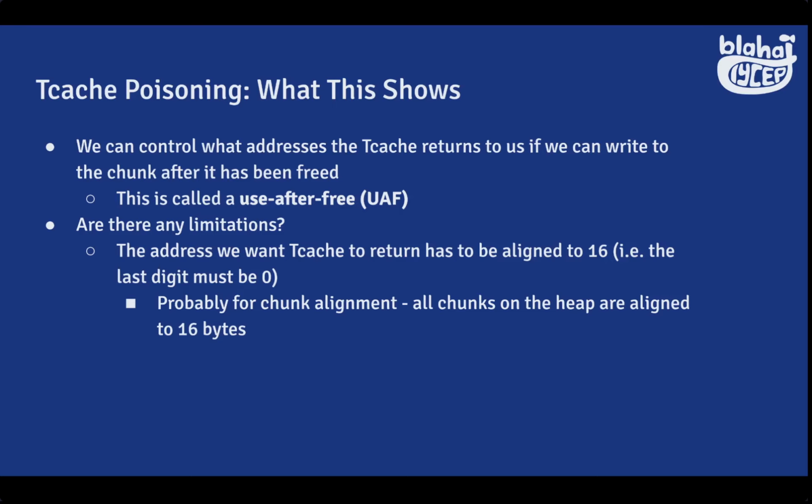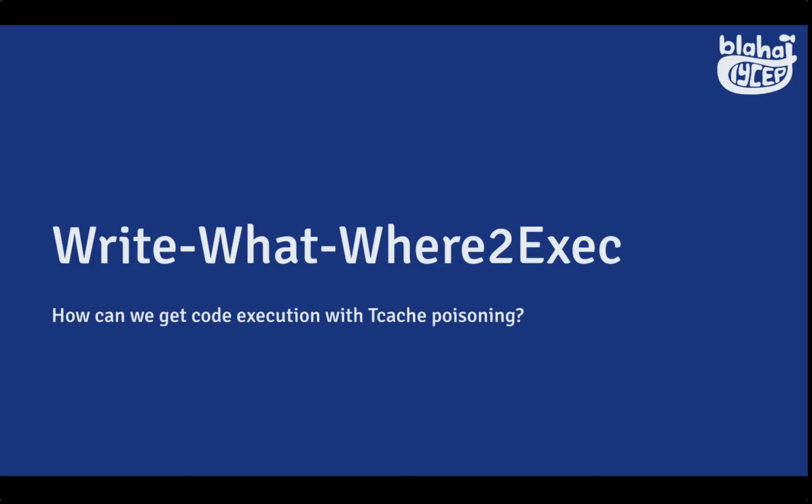Whew. Okay, so that was a lot to take in. But now the question is, you have this ability to read or write to whatever address you can think of, right? But let's say you want to do a very specific malicious action that allows you to run code. Where exactly should you write or allocate to?